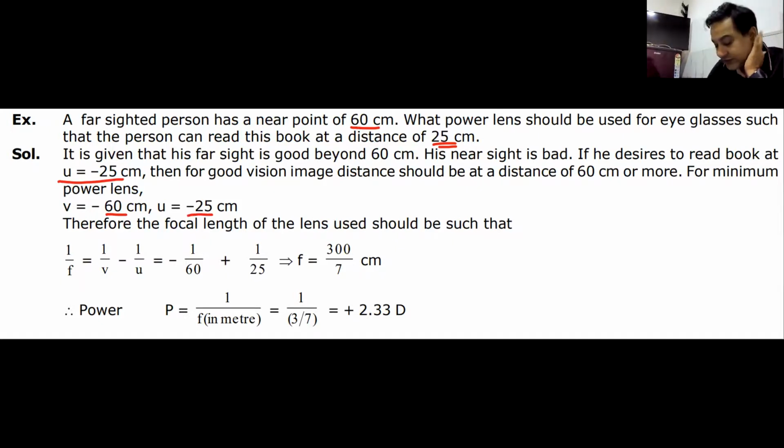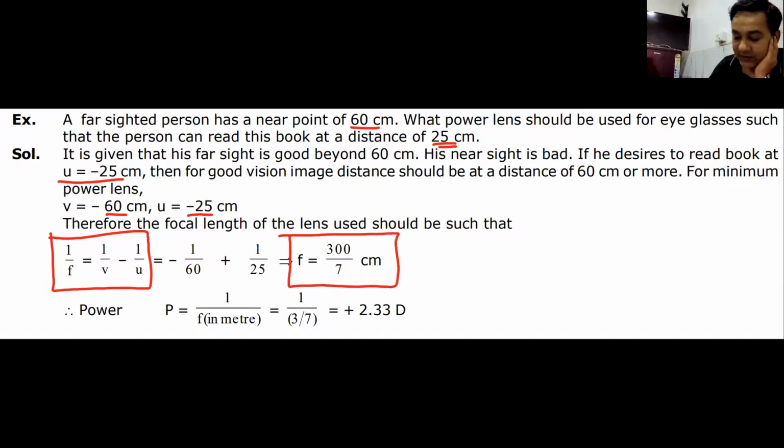If you use everything in centimeters, you will get the focal length in centimeters, by putting in the formula 1 by V minus 1 by U. The focal length in centimeters will become 300 by 7, or in meters it will become 3 by 7 meters.